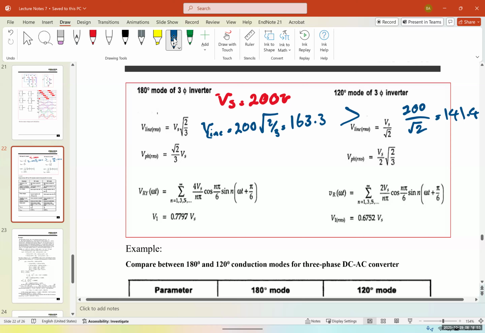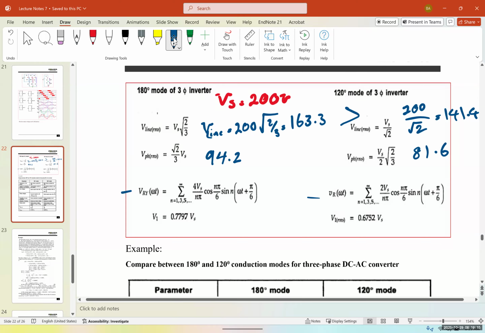What about the V phase RMS? 94.2 for the 180 degrees. And how much is it for the 120? 81.6. Thank you.